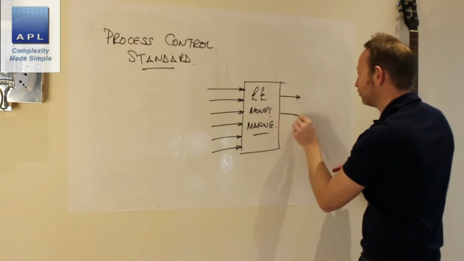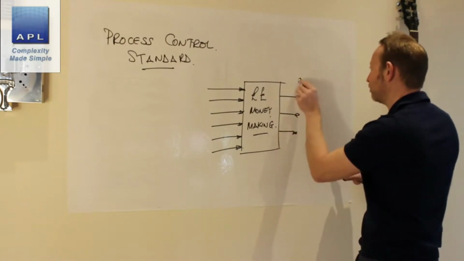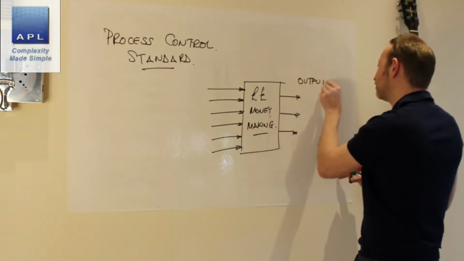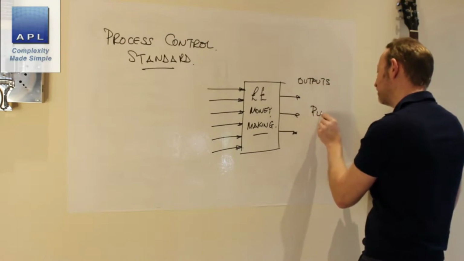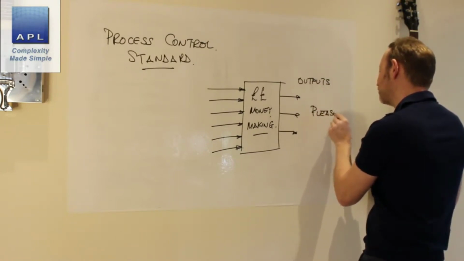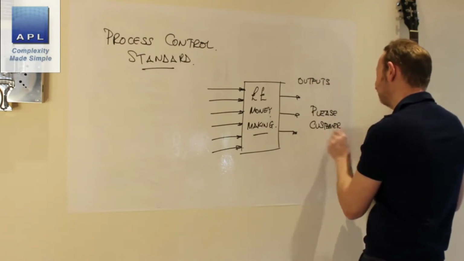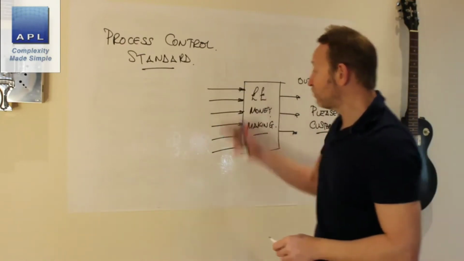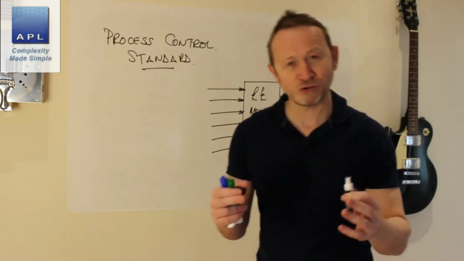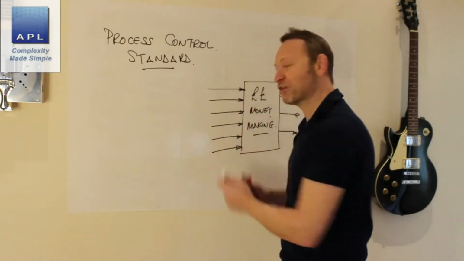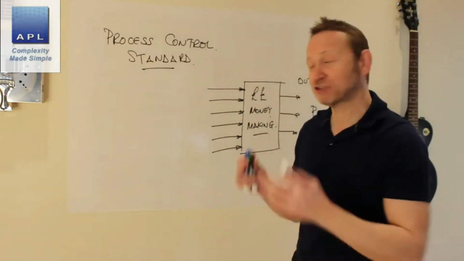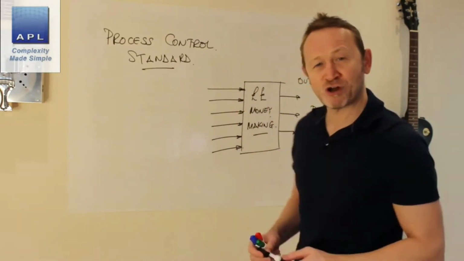Obviously, we've got some outputs over here. What are we trying to do with the outputs? We're always trying to please the customer over here. Okay, so we're trying to put great controls in place so that they work really well. So let's talk about what a great control looks like.